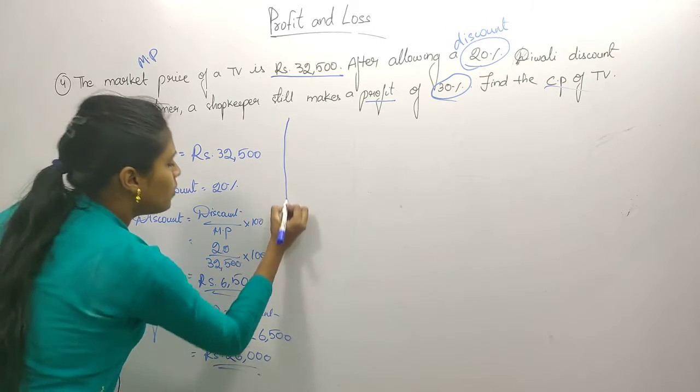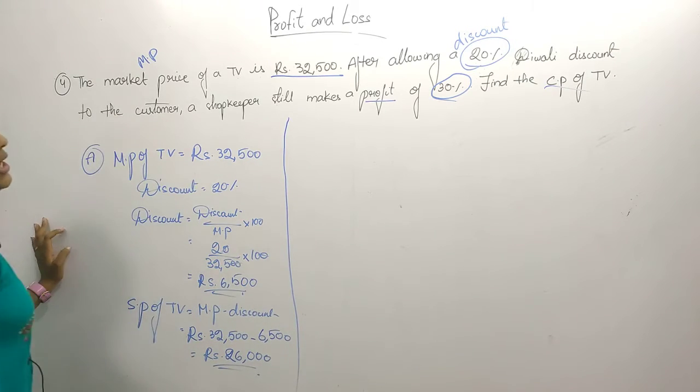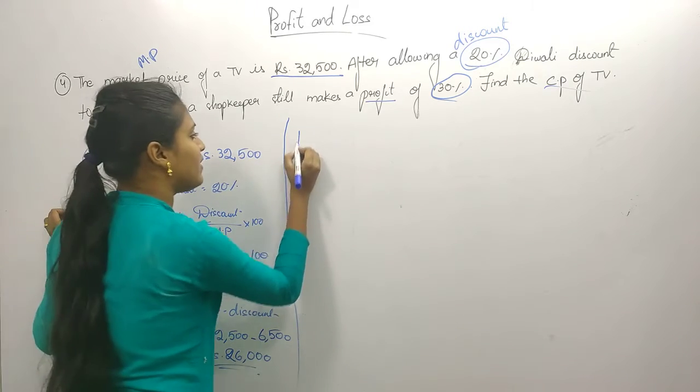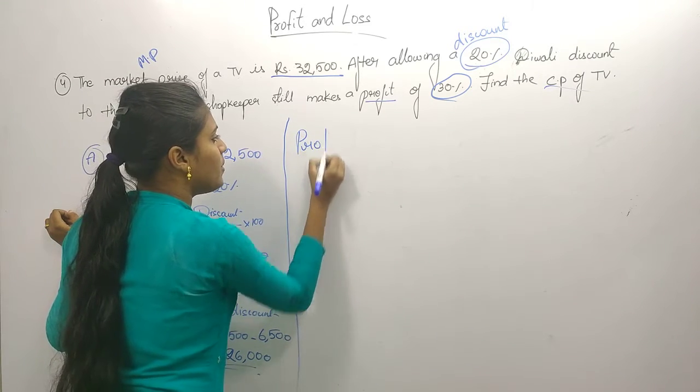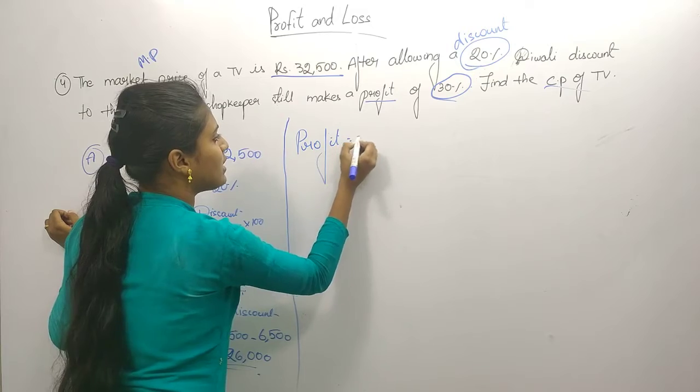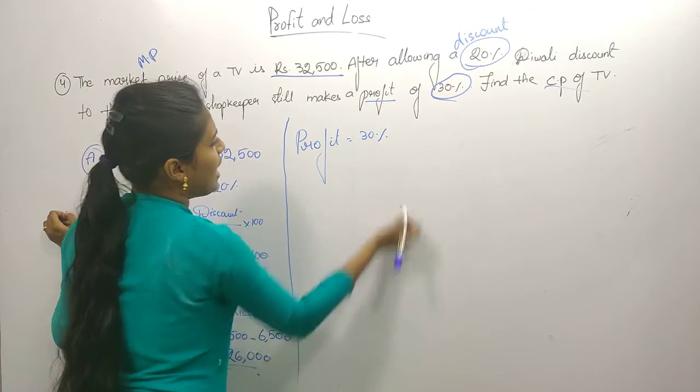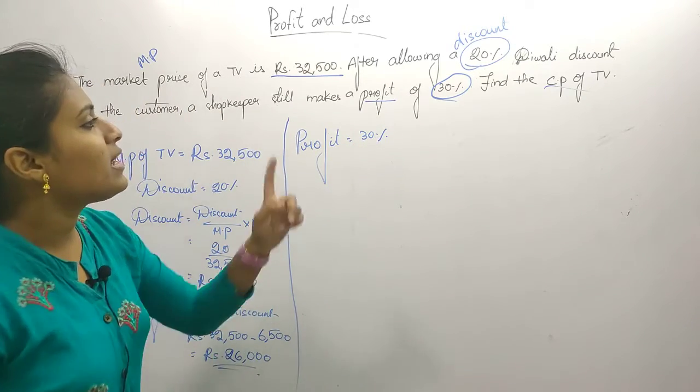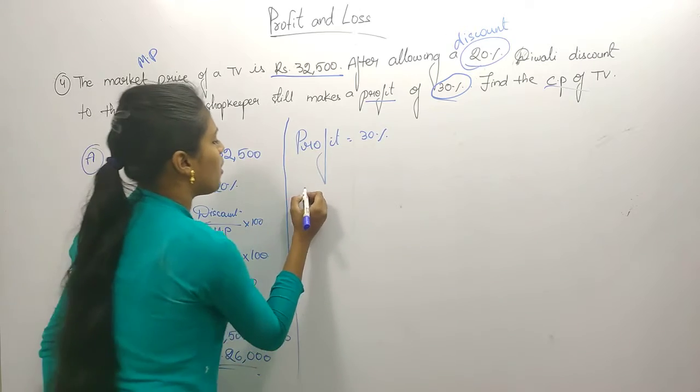Now, what he told in the question: after selling at the rate of a discount of 20%, he got a profit of how much? 30% profit he got. Finally, he told us to find the cost price of the TV.